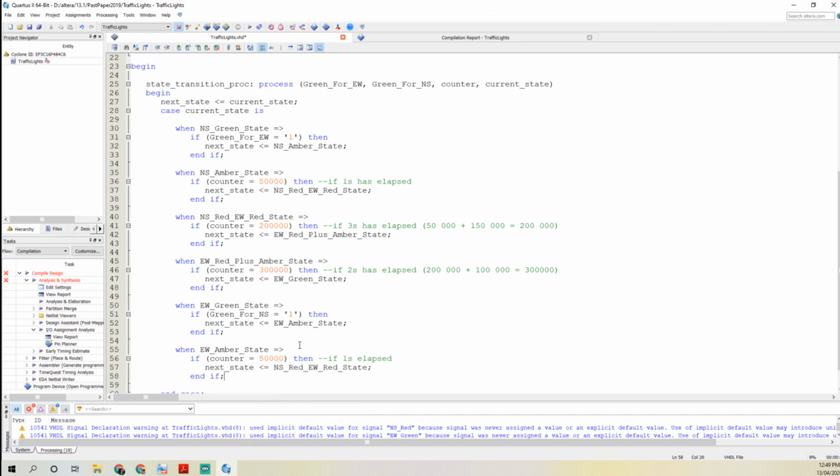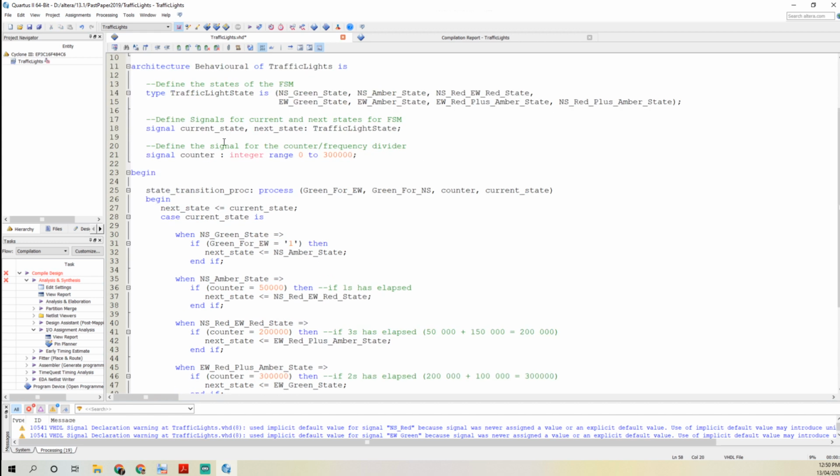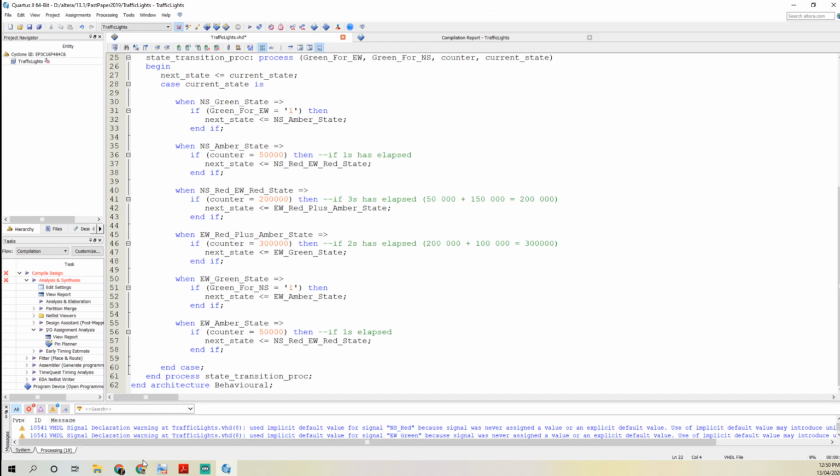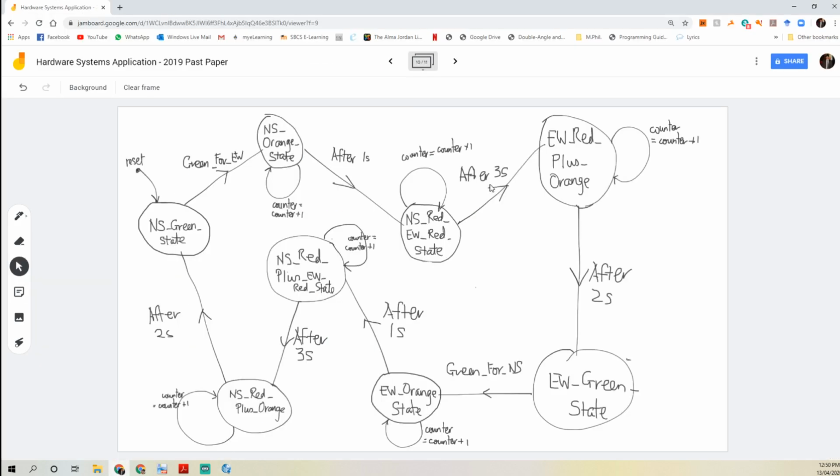Now you may be asking yourselves, how come we're checking the value of 50,000 here and not 350,000? What we're doing here is we need to note that we limited the range of the counter from 0 to 300,000 just for us to time the 1 second, 3 seconds, and 2 seconds for one transition from one set of lights to the next.